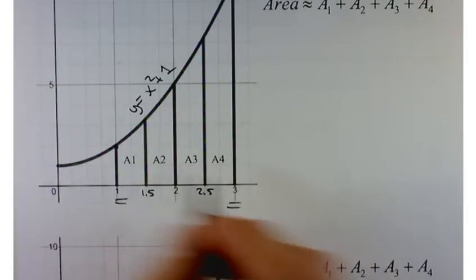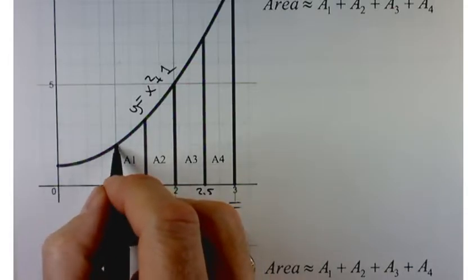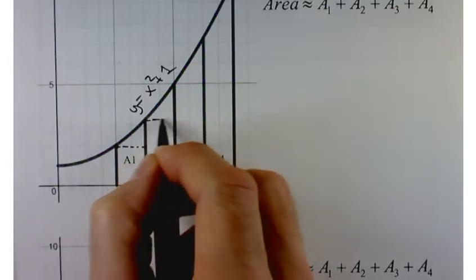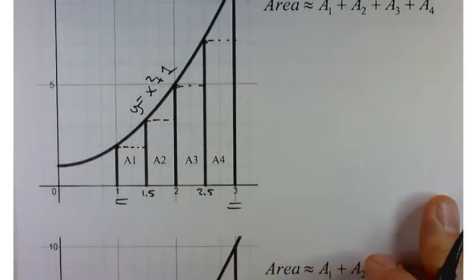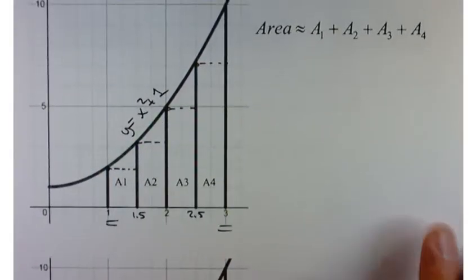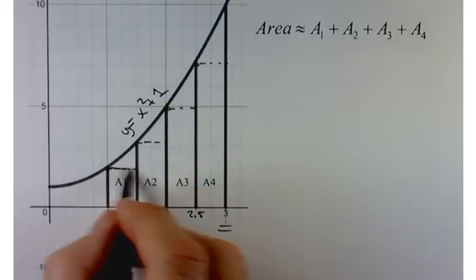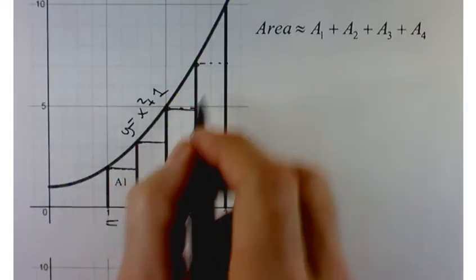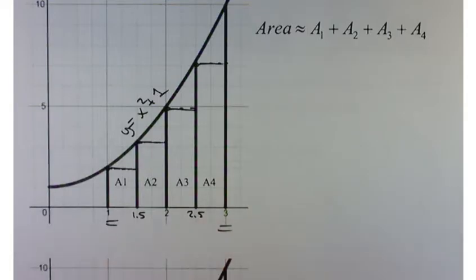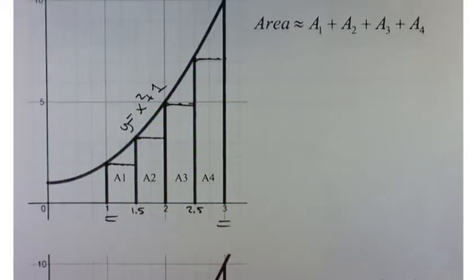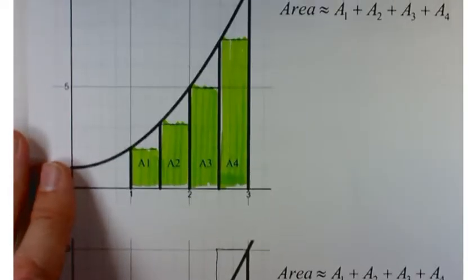Start with the left-hand endpoint and draw little lines to the right. And these are going to be my rectangles. I'm going to calculate the height of these rectangles times their width. That'll give me the approximate area. So it's going to look like this.